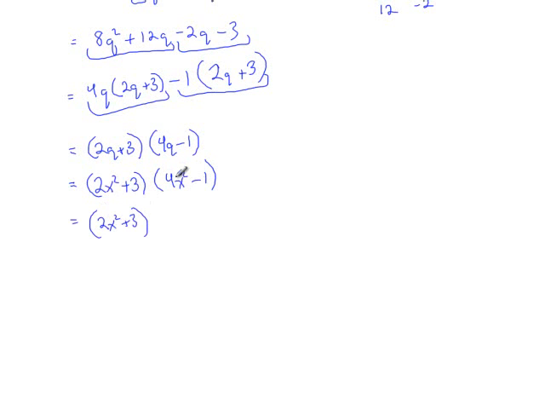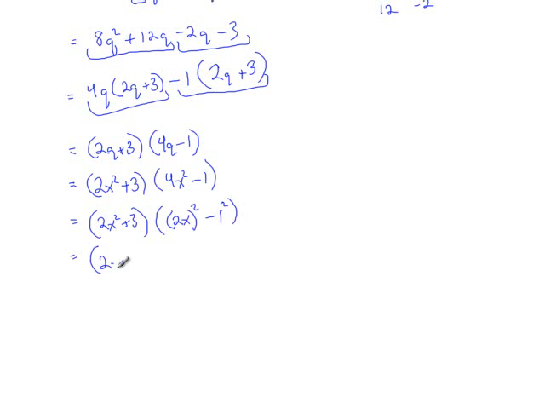The 4x squared, if I could write this as something squared, I could use difference of squares. So 4 I could write as 2 squared. 2 squared times x squared is 2x in brackets squared minus, and 1 I could write as 1 squared if I wanted to. Okay.